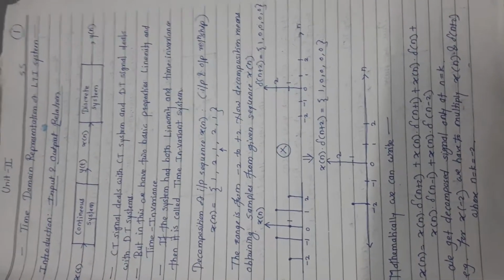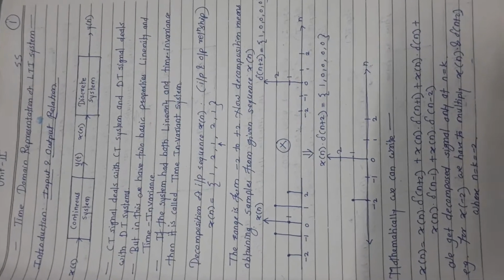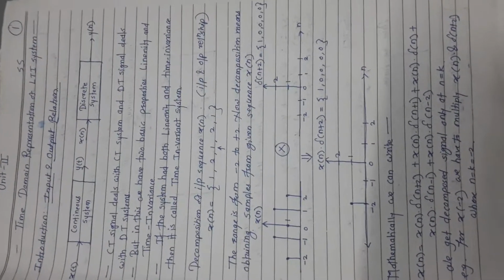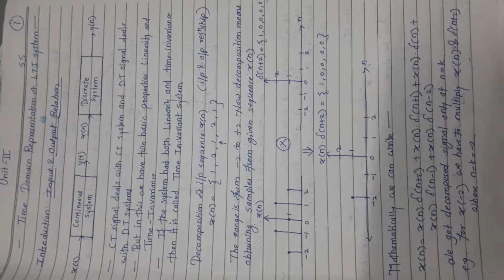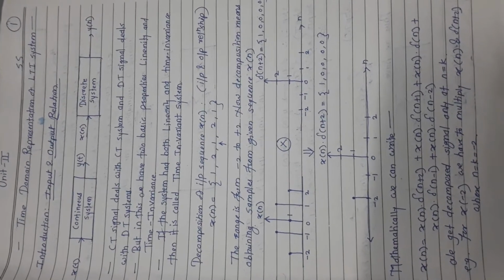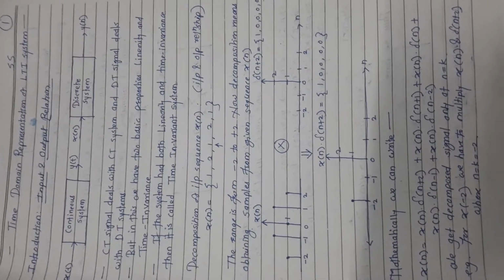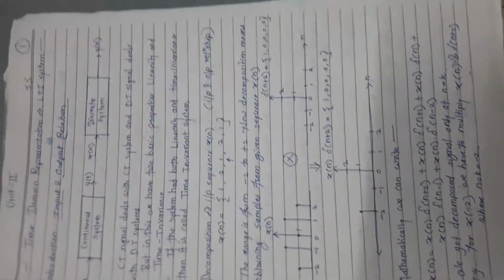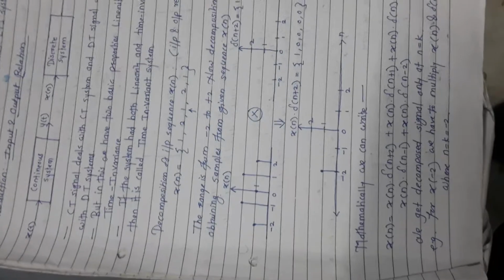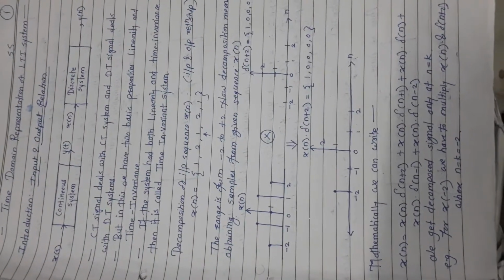Now the multiplication will be x of n into del of n plus 2. The multiplication shows that the output only remains at minus 2. So mathematically we can use x of n into del of n plus 2, plus x of n into del of n plus 1.